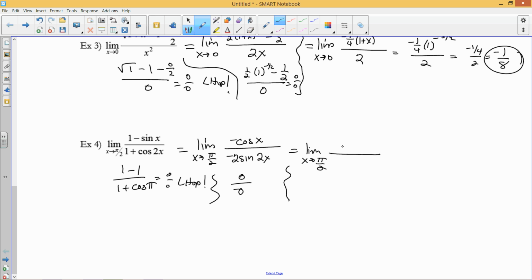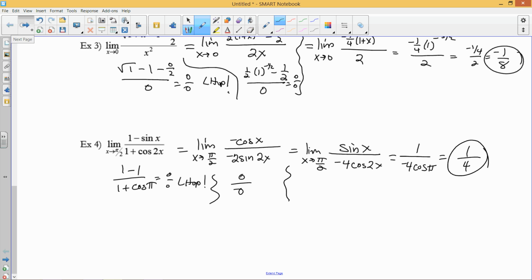Derivative of the top is going to be positive sine x. Derivative of the bottom is going to be negative 4 cosine 2x. And let's see, when I plug in pi over 2 now, I'm going to have the sine of pi over 2, which is 1, and then negative 4 cosine pi, which is going to be 1 over negative 4 times negative 1, which is 4. 1/4. And there's your answer.